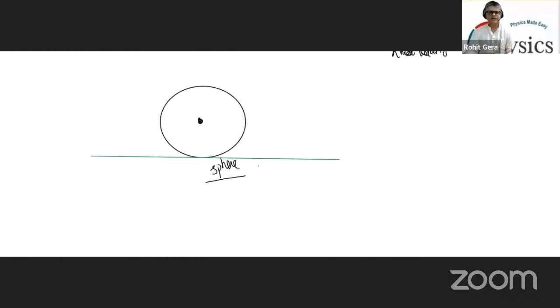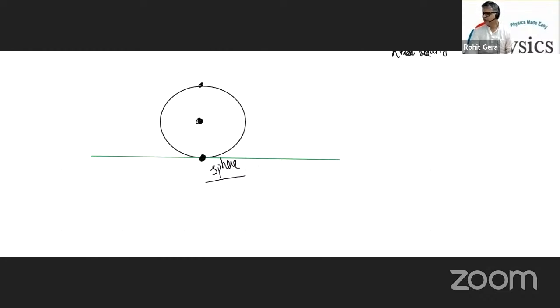Okay, now let's study what the velocities are at different points. Obviously we have studied the general case, which is: take any point on the rigid body, it has two velocities. Let's study here, the center, and at the top. So the point touching the ground, the center, and also the topmost point.